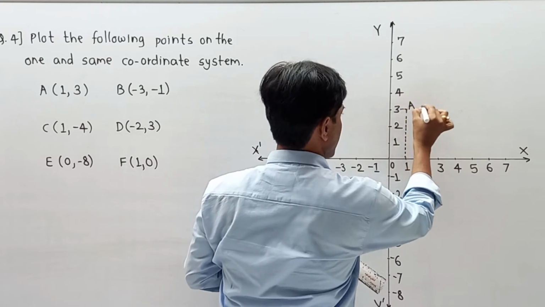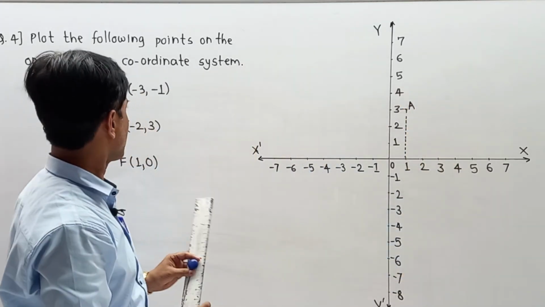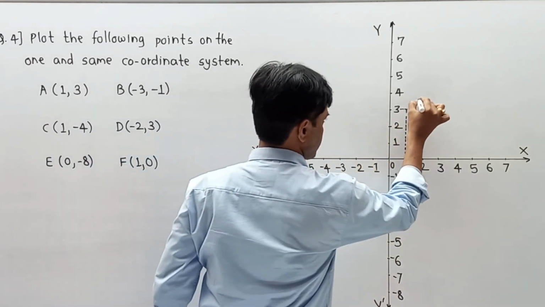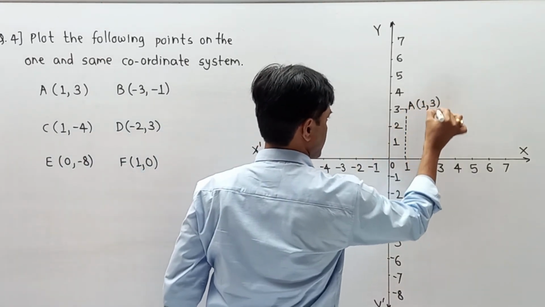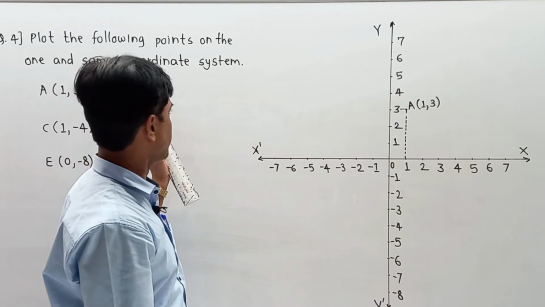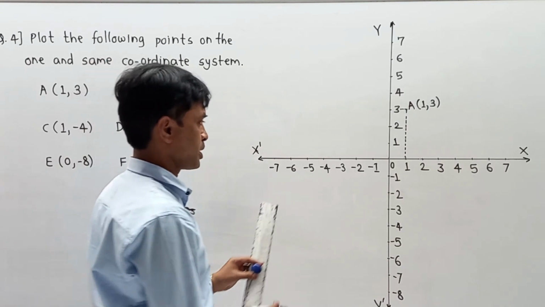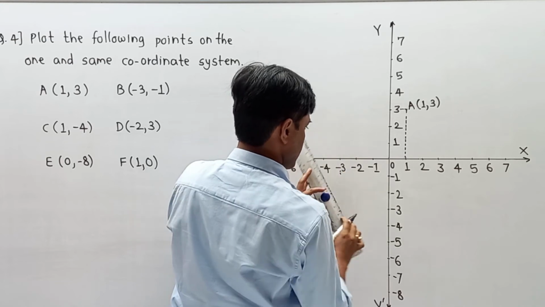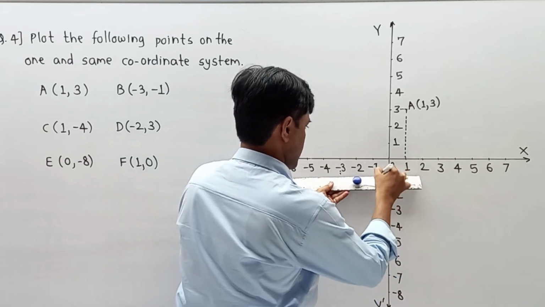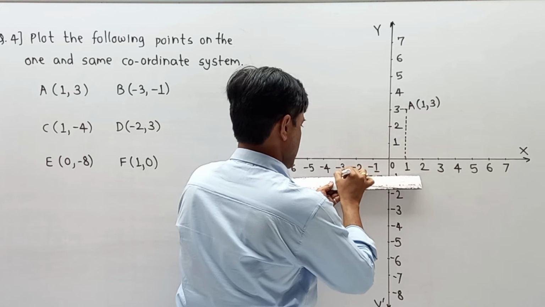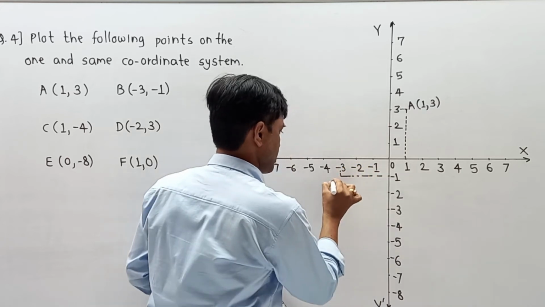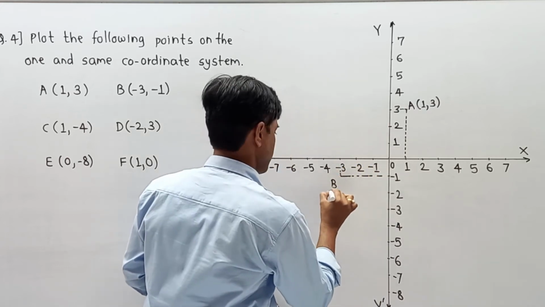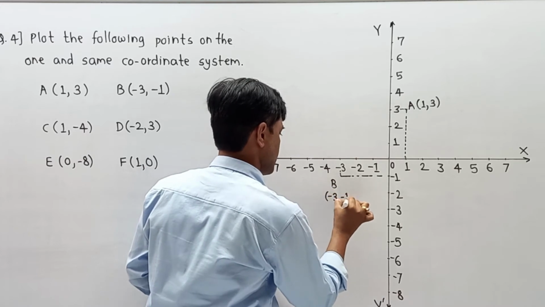So our respective point A is over here, having the coordinate (1, 3). Next point is B, that is (-3, -1). X is -3 and y is -1. So our second point is B, (-3, -1).